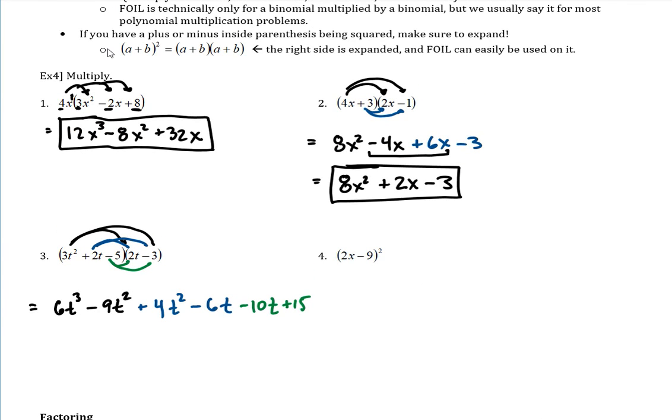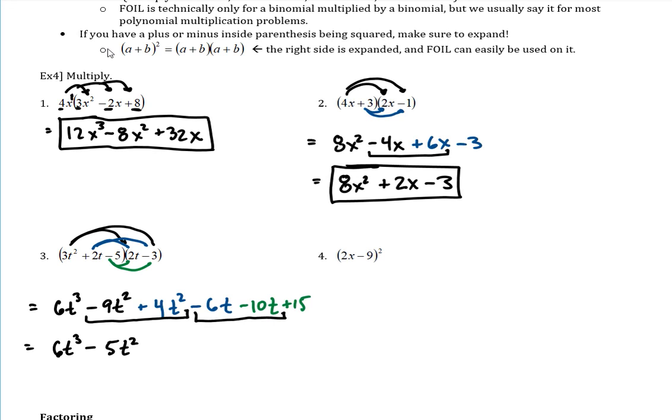So the 6t cubed, well, there's no other t cubed, so that means the 6t cubed can just be rewritten. But we do notice that the -9t squared plus 4t squared, those are like terms because t squared is common in both. And so -9 plus 4 would be -5, and then afterwards attach the t squared.